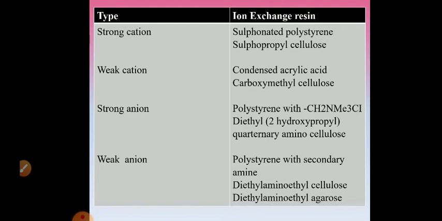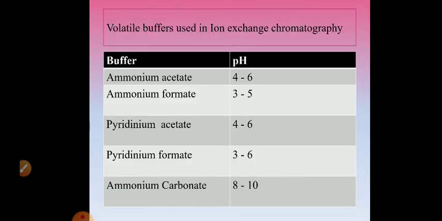For a strong anion exchanger, polystyrene with a tertiary amine group, or diethyl quaternary amino cellulose can be used. If you want a weak anion exchanger, then polystyrene with secondary amine, dimethyl aminoethyl cellulose or diethyl aminoethyl agarose. Sephadex can also be used for a weak anion exchange resin.